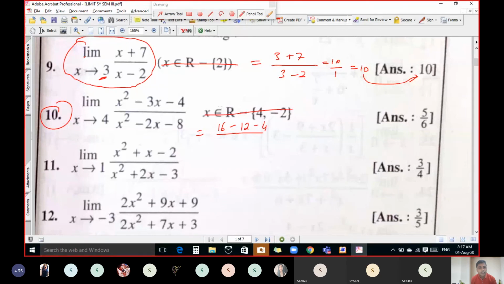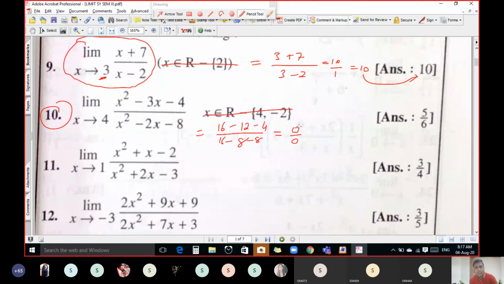In the denominator, 4 square is 16, 2 4s are 8, minus 8. So we have 16 minus 12 minus 4, that is 0, and 16 minus 8 minus 8, that is also 0. Now we have a 0 by 0 situation. Then we have to apply the concept of limit for this question.